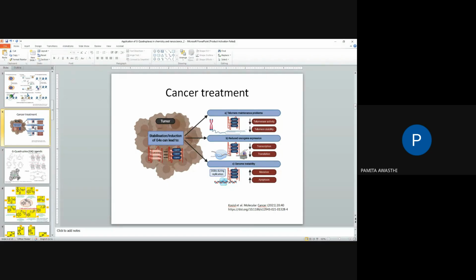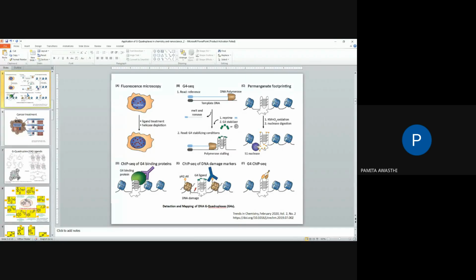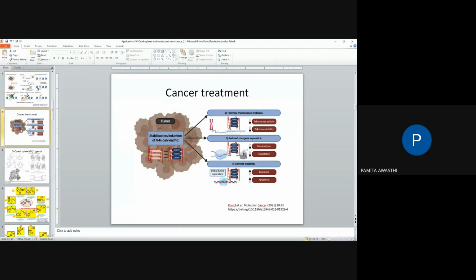There are enriched regions on the genome, such as the promoters, telomeres, or transcription factor binding sites, where the formation of G quadruplexes has been confirmed by all these experiments, right? So, about 40% of the human promoter region has one G4 motif.